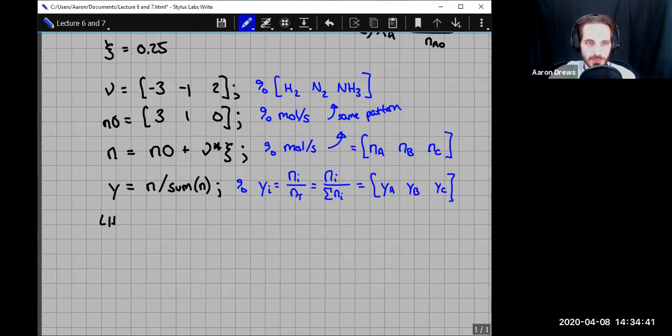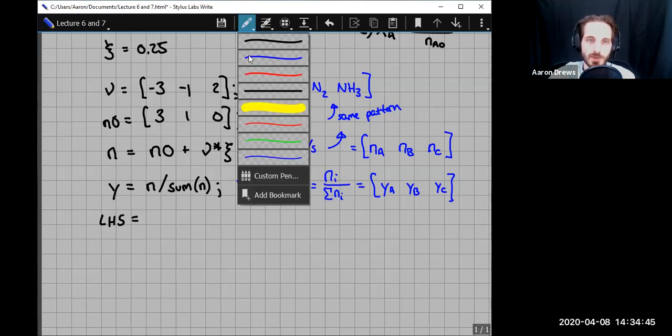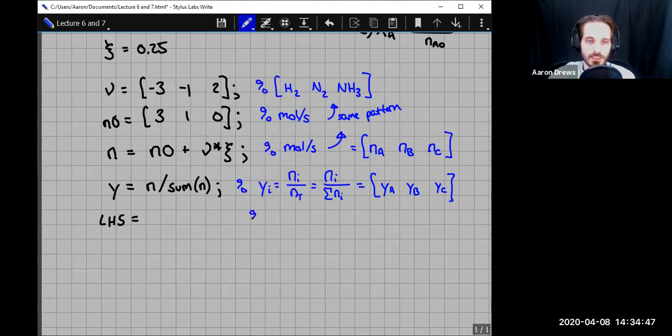If we wanted the left-hand side of equation 2.30, let's think about what that looks like in the equation. Normally it's the product of a sub i raised to the stoichiometric coefficients, right?